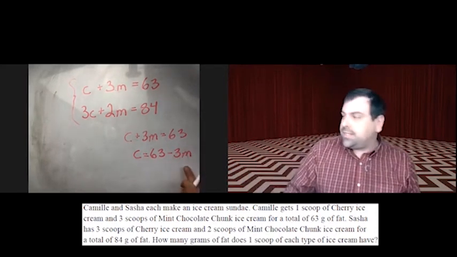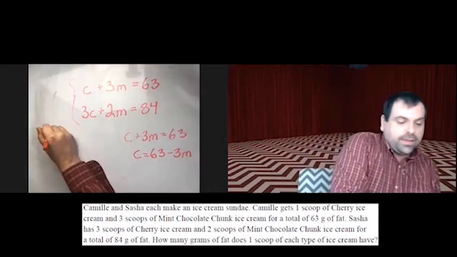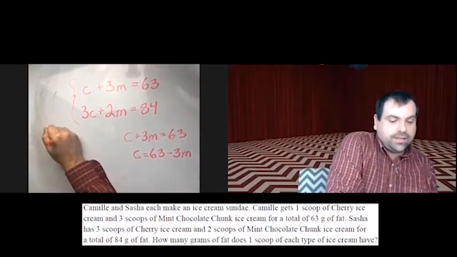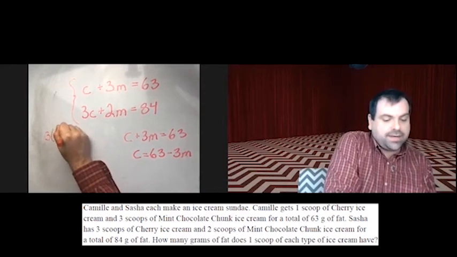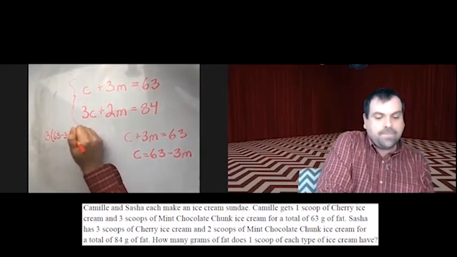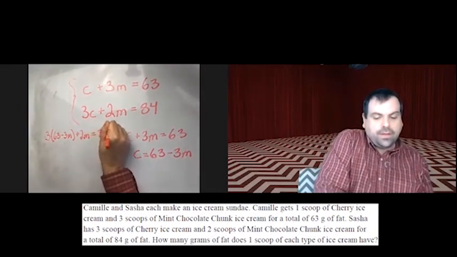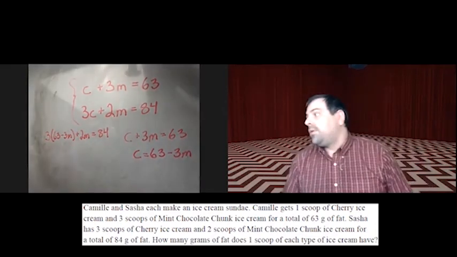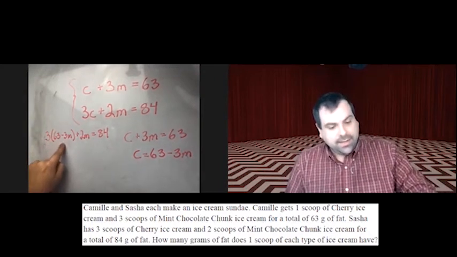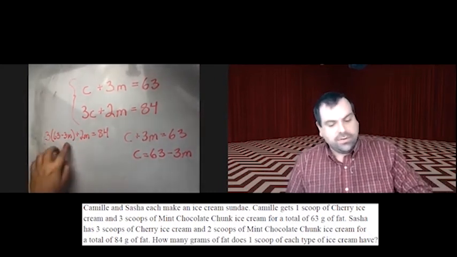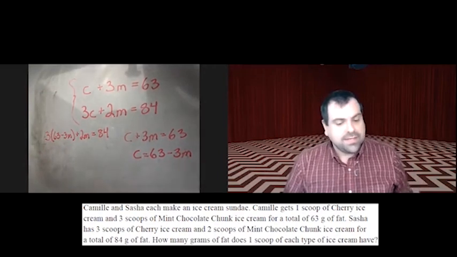So if C is 63 minus 3M, then we have 3 times 63 minus 3M plus 2M equals 84. 3C plus 2M is 84. C is 63 minus 3M.